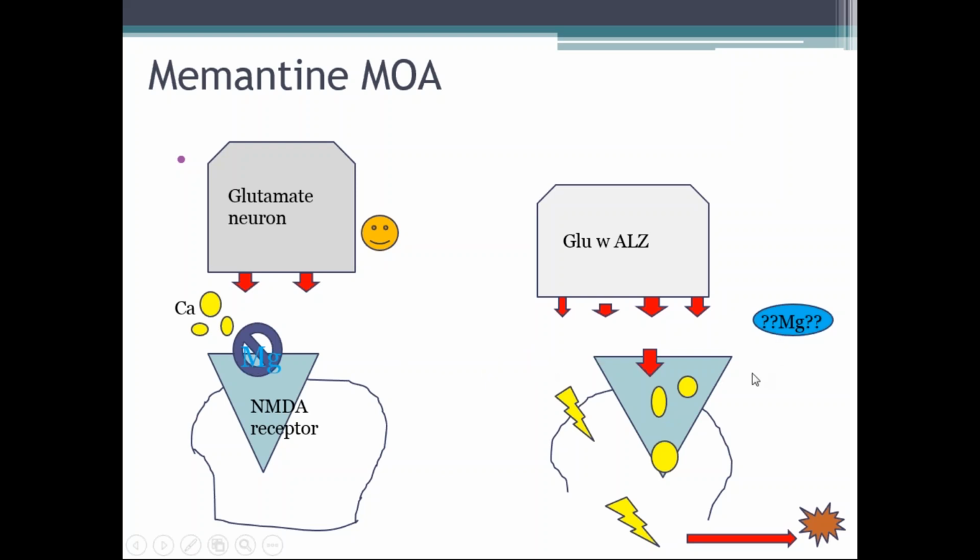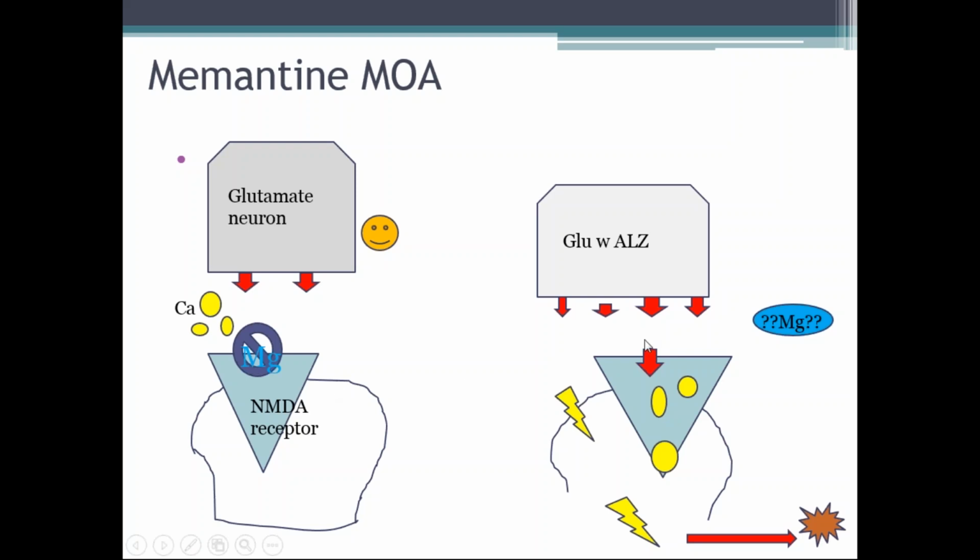And the magnesium normally is blocking the channel at that receptor. NMDA receptors, again, are ion channels, so really their job is to stay closed, or when they're open, let some other cation through. Could be sodium, could be calcium. It's calcium in this case.